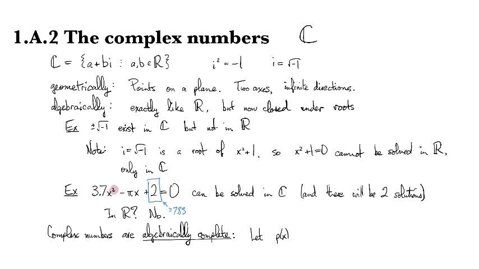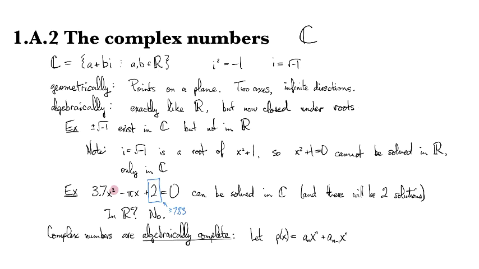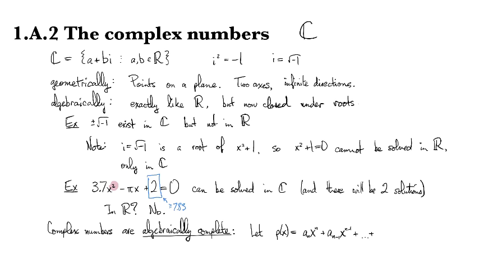So if we take something like a_n times x to the power n plus a_(n-1) x to the power n minus 1, etc. So this is the general form for what a polynomial looks like, plus some constant a_0.